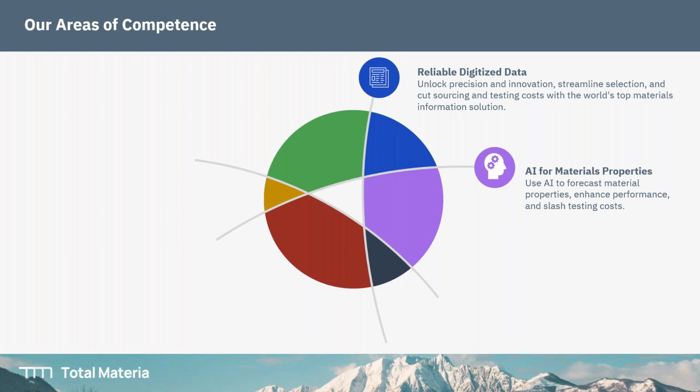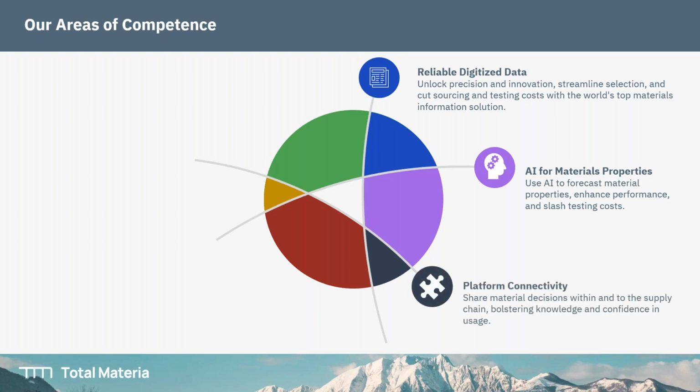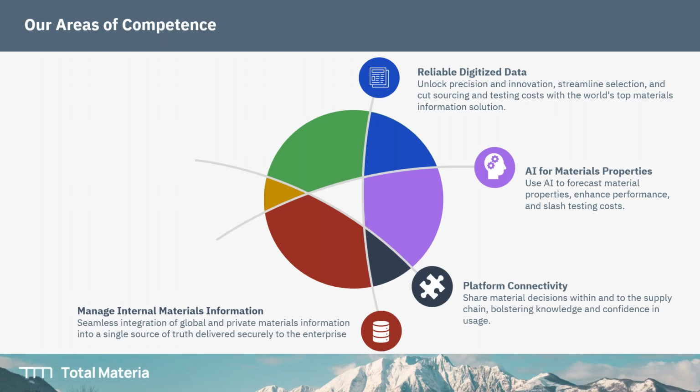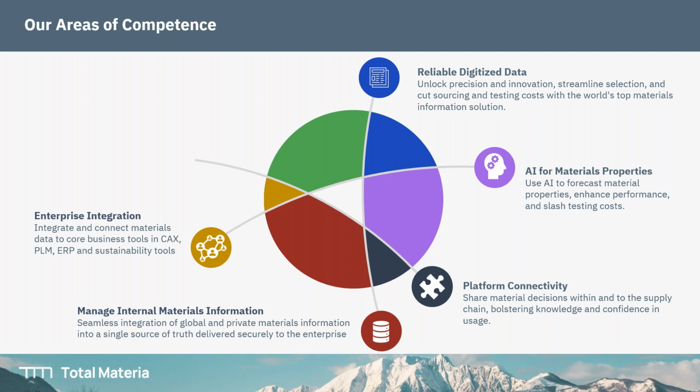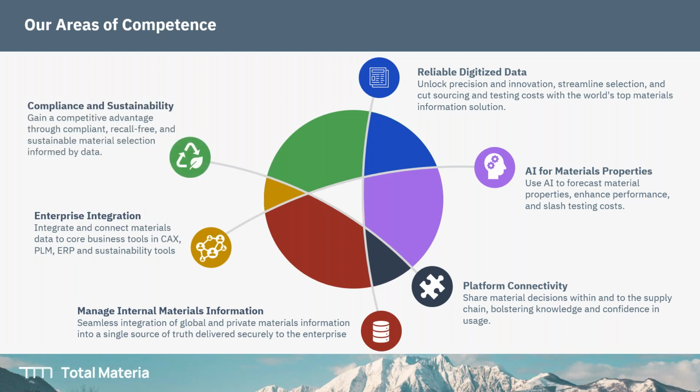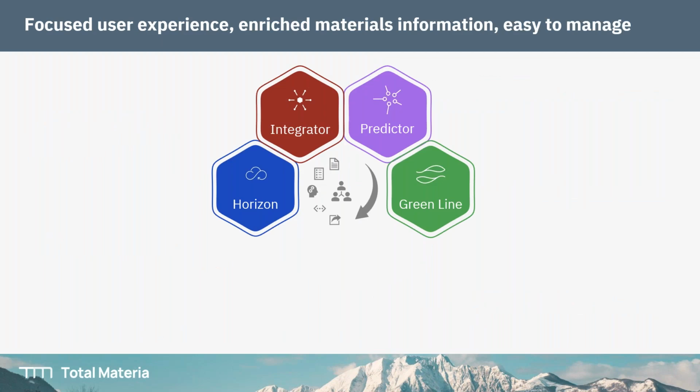We have new AI development, of course, and platform connectivity. We're giving a lot of options to manage your internal materials information, with enterprise integration. You can even create your own database with the integrator. Just contact us to decrease your carbon footprint and make sure you're following up-to-date compliance information.